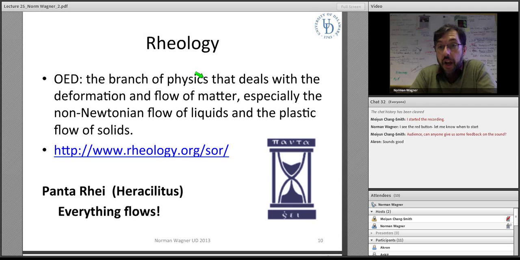There is a Society of Rheology here in the United States, which runs national meetings and short courses, and its motto is Panta Rhei, which is everything flows. Whether you're talking about geological timescales over millions of years or nanoseconds associated with ballistic impacts of micrometeorites, it's all rheology.